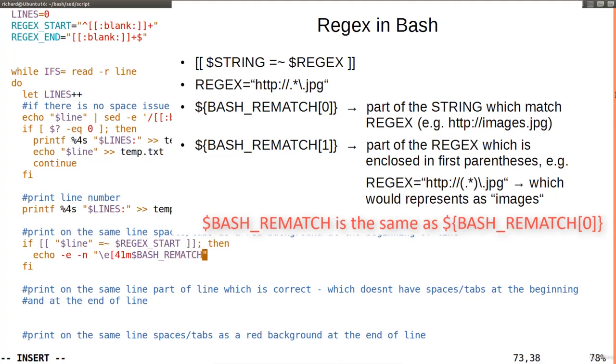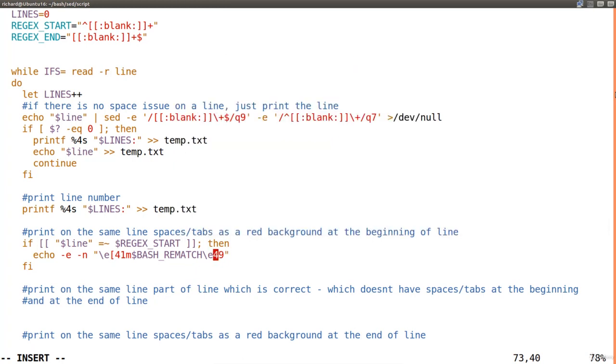So we can print value of variable BASH_REMATCH because this matches all spaces and tabs at the beginning of a line. And we can finish with \e left bracket 49m, which means default background. This output we can redirect, of course, to our temporary file.